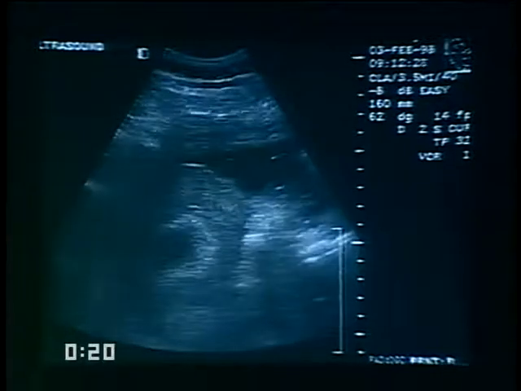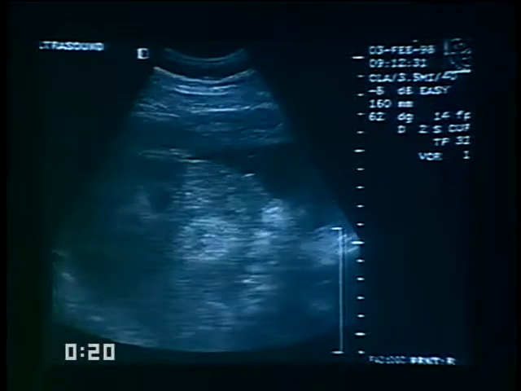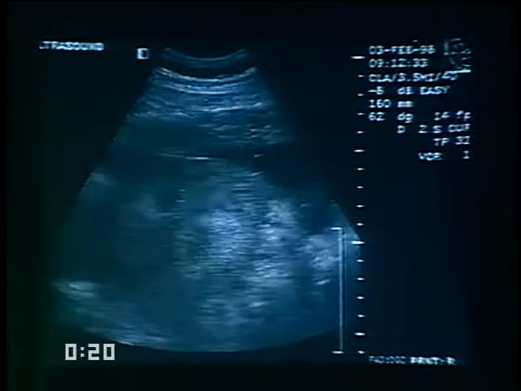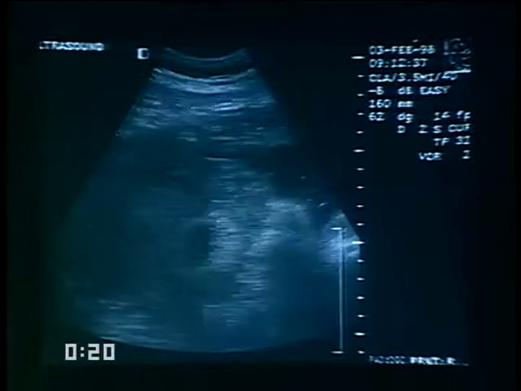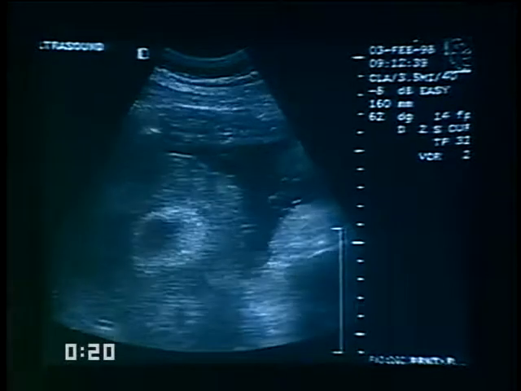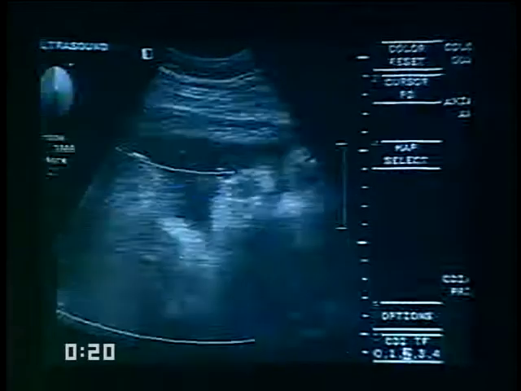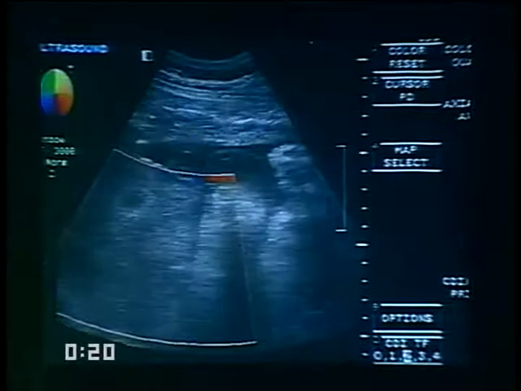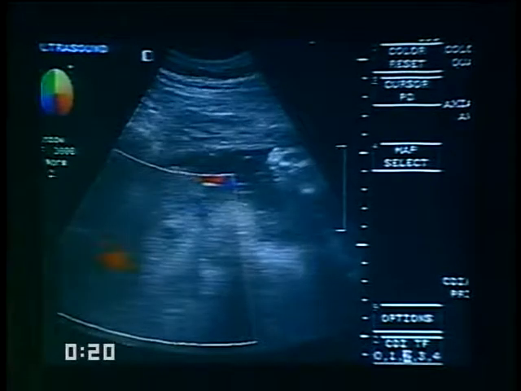The finding isn't subtle, but the etiology may be. And we're looking at the placenta. And the placenta does not appear normal. Color Doppler imaging.